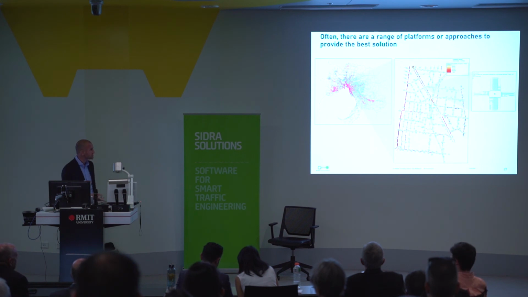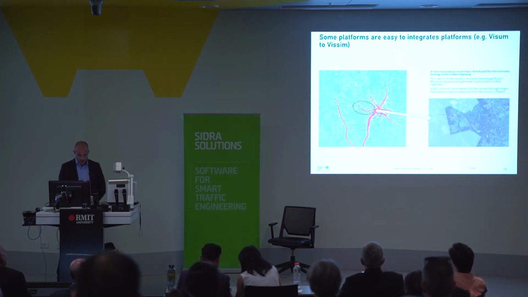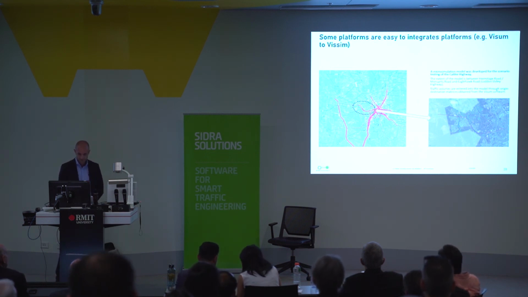But we also used Sidra. And the Sidra was a really valuable input in helping us refine and optimise the signal control within the model. And then some platforms are obviously easier to integrate, and this is Visum and Vissim, which is the PTV software.